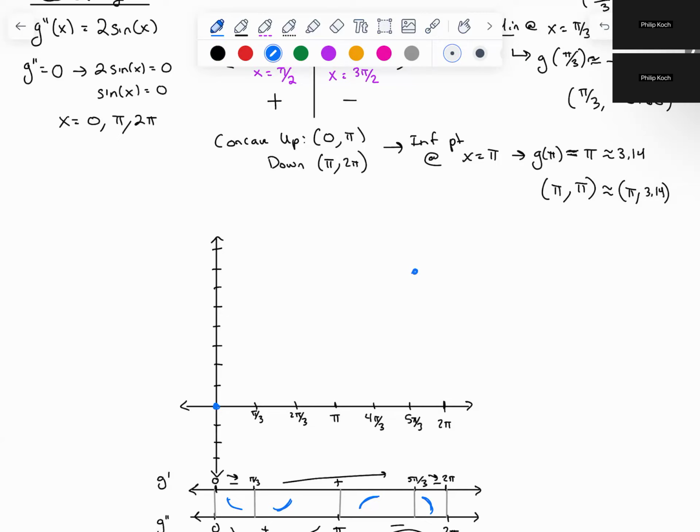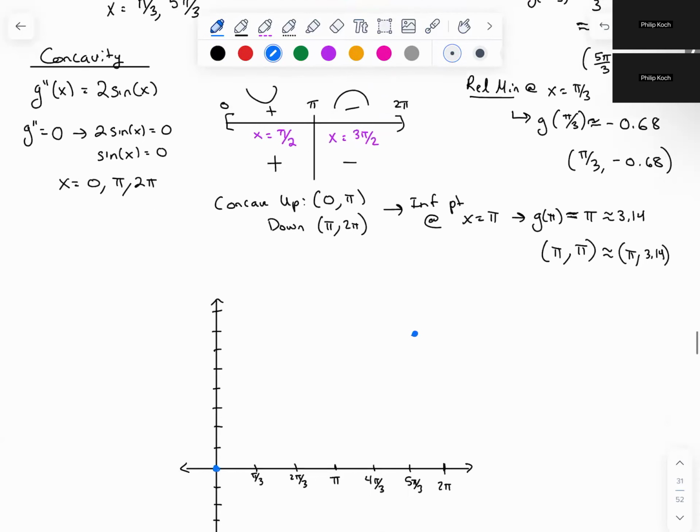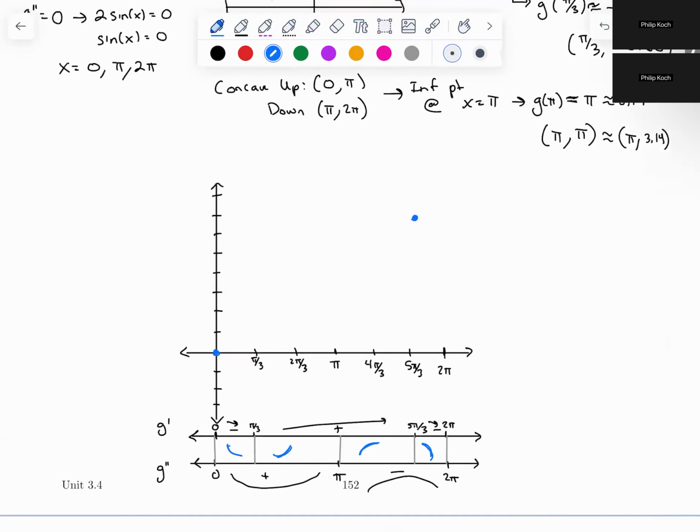It doesn't need to be perfect because this is an approximation. We had a relative minimum at pi over 3, negative 6.8. So right about there. And we had an inflection point at pi, pi, or pi, 3.14, which will be roughly there.